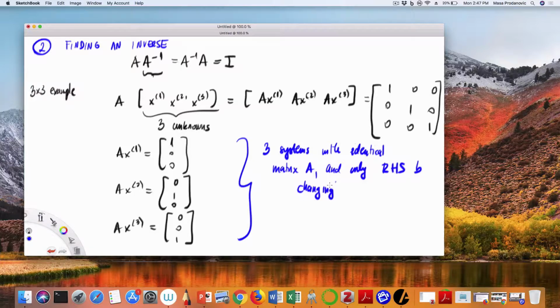I can modify my forward elimination slightly and record coefficients of another matrix, which I'm going to call L, and split A as A equal to L times U, where L is a lower triangular matrix and U is an upper triangular matrix. That's equivalent to doing that forward elimination. Once I have that, every time I get a new B, all I do is the back substitution step, give or take.